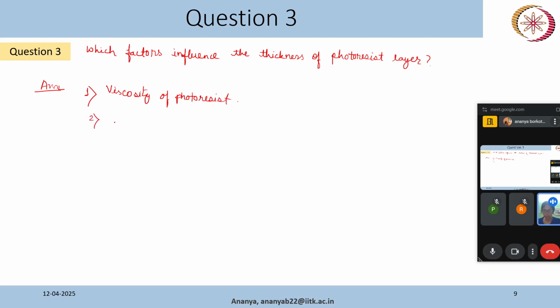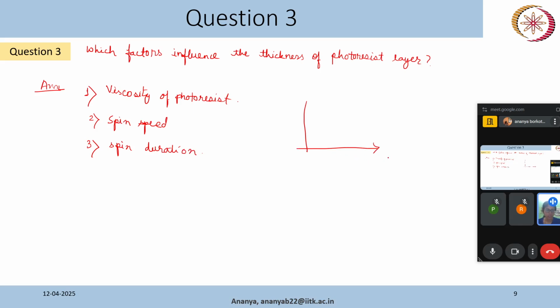Next is spin speed, and then the last one is spin duration. I have also mentioned earlier, in the photoresist data sheet you will find this.